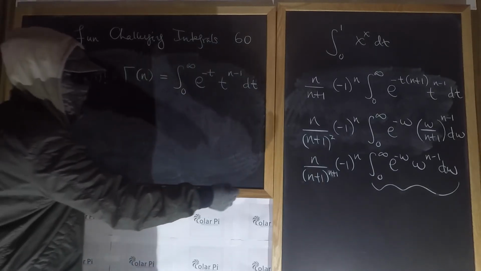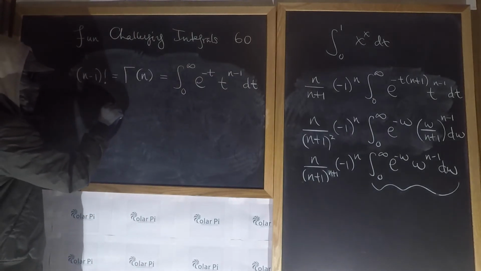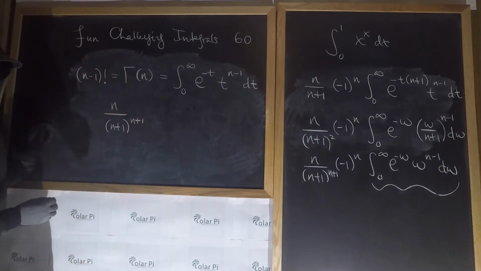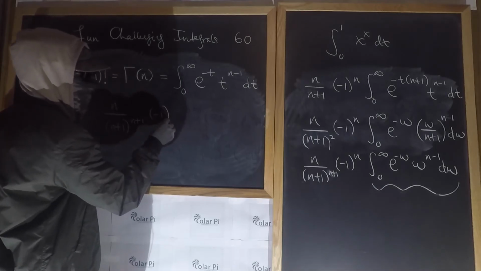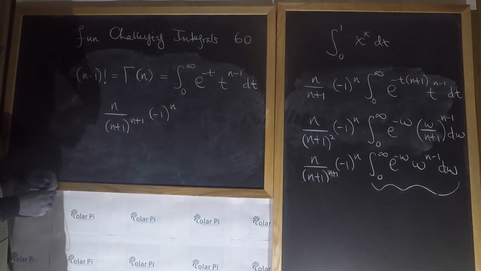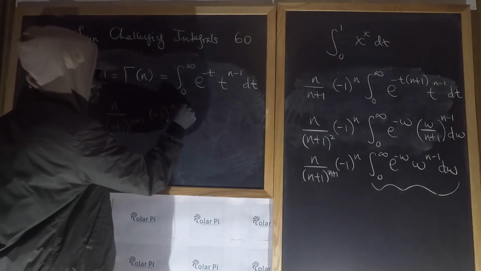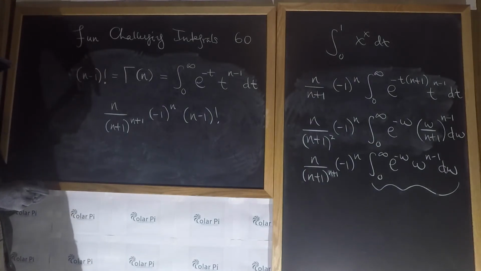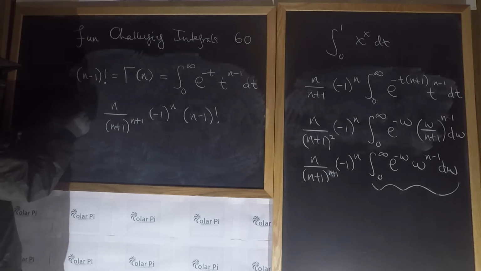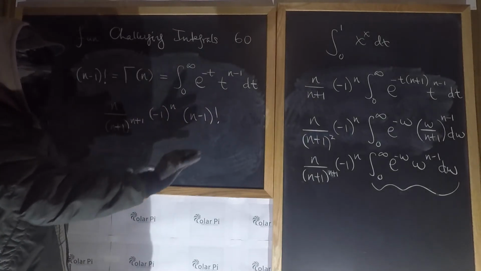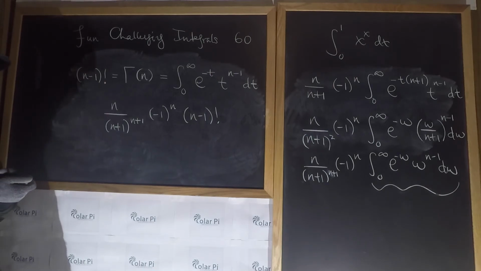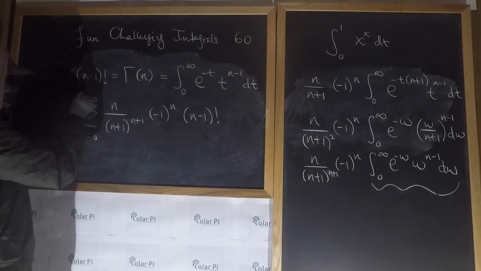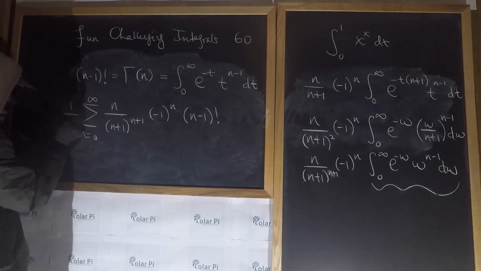So picking up from here, we have n over n plus 1 to the power n plus 1, right? And then negative 1 to the power n. And then we have gamma of n, which is n minus 1 factorial. But because I'm a fantastic student, I recall that this is the result of our integration by parts work. But in front of the integration by parts, we had sigma n equals 0 to infinity, and then a 1 over n factorial in front of it.